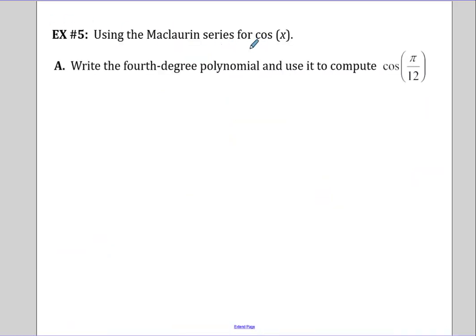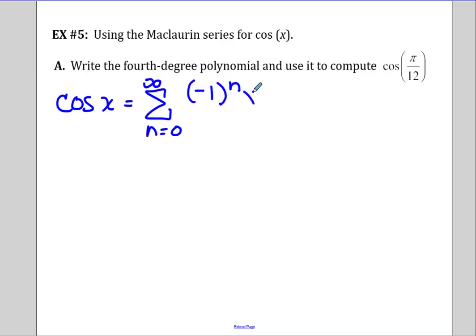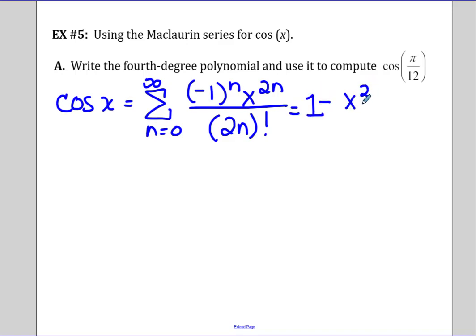And our final example, using the Maclaurin series for cosine. So we know the cosine of x is the summation from n equals 0 to infinity of -1 to the n, x to the 2n, because they alternated on evens, and 2n quantity factorial, which works out to be 1 minus x squared over 2 factorial plus x to the 4th over 4 factorial, and we want this 4th degree.